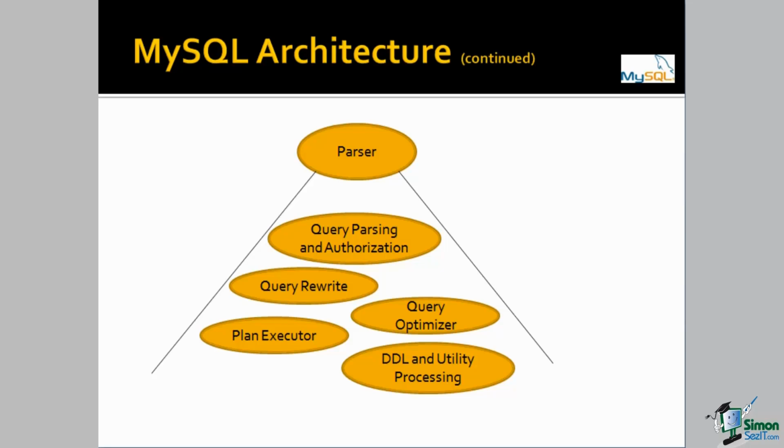Then the query is passed to the plan executor. The plan executor is responsible, obviously, for executing the query plan, the query tree, as it was developed by the optimizer, returning the data then to the user. Then there's a utility component that executes data definition language statements and other utility statements within the MySQL environment.